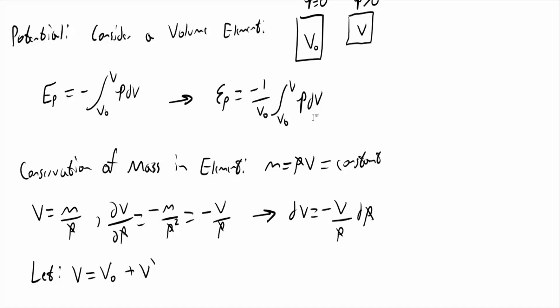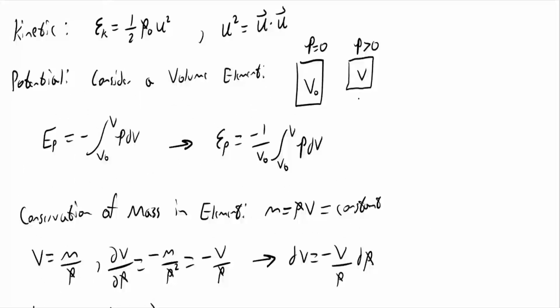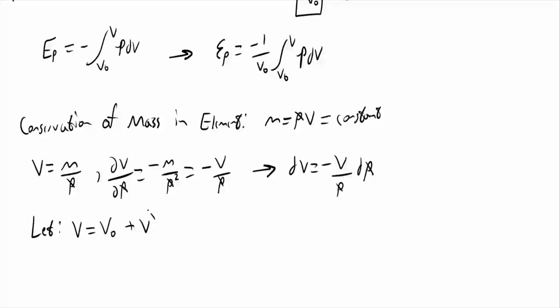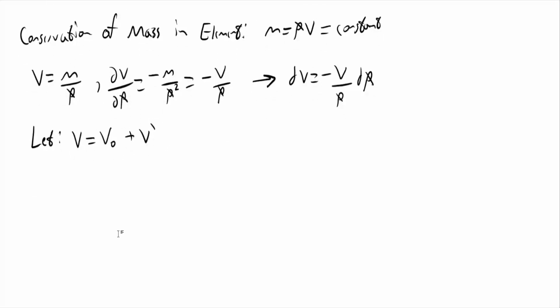If we look at the resulting volume element on the right here after you've applied your pressure, we note that we started at our initial volume and we've changed a little bit to obtain our current volume. So this change is V prime. Likewise, we can have that density is your starting density plus some small change in density. So we're going to linearize this equation here.